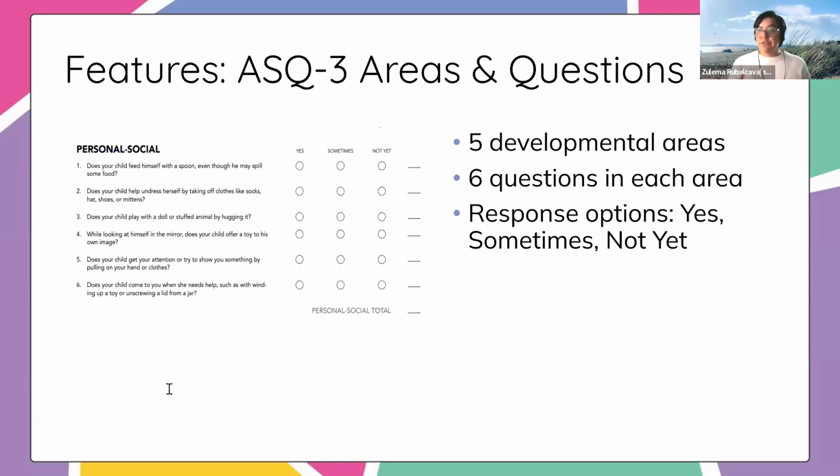So when we are introducing this to families, I'll say, it could be that your child is doing all of these things, some of these things, none of these things. And that's okay, because what we're doing right now is just gathering information so that we can see where their strengths are, where we might need some practice, and what resources we have that can help support their child's development, right? So we want to make sure that families feel comfortable answering not yet.